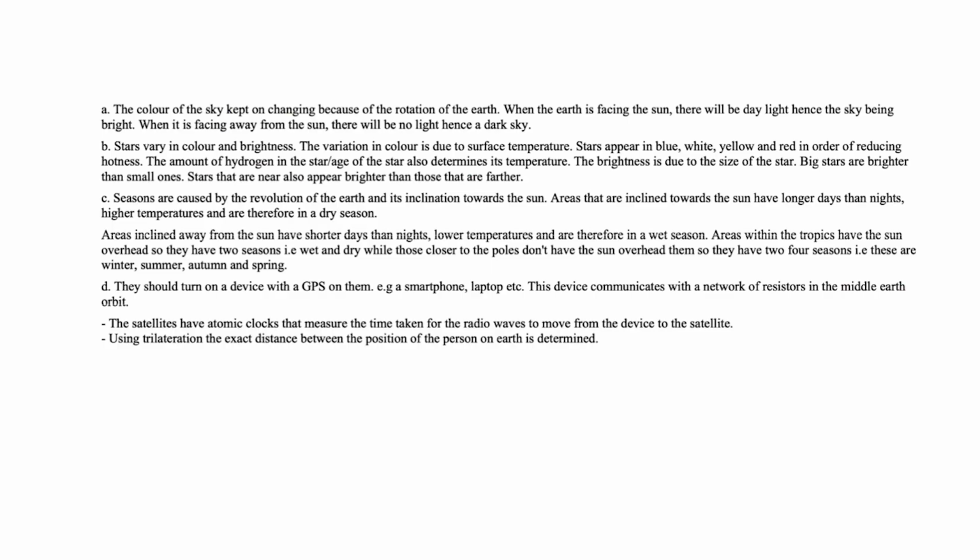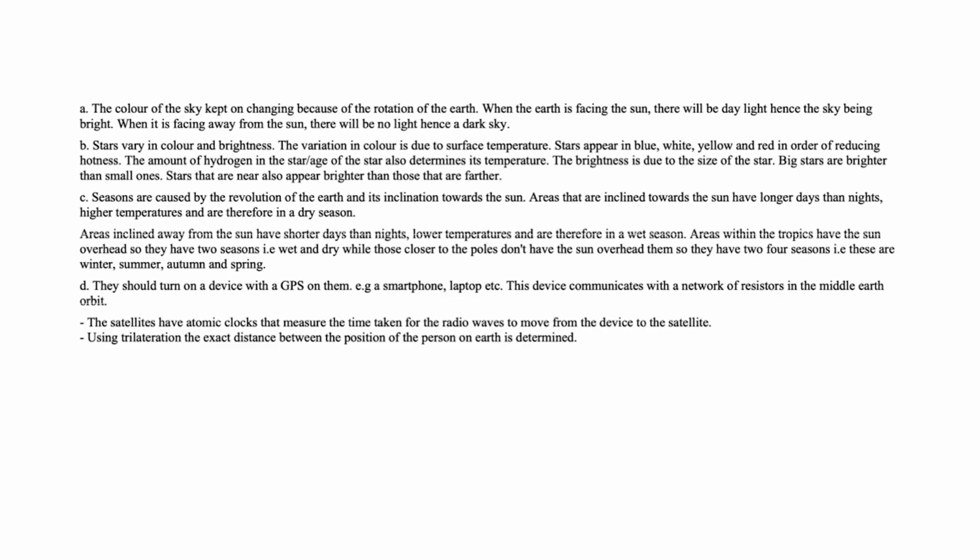To sum up item 1, what were your expected responses? You are expected to say the color of the sky kept on changing because of the rotation of the Earth.